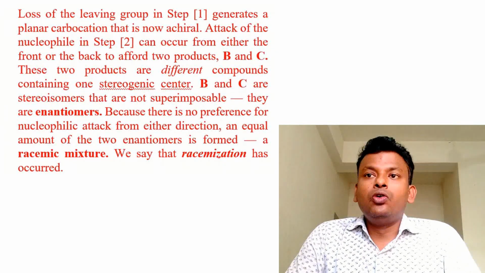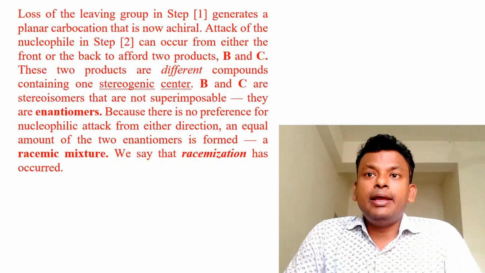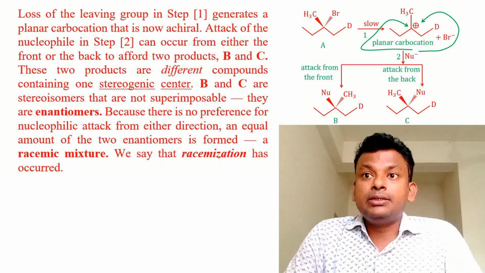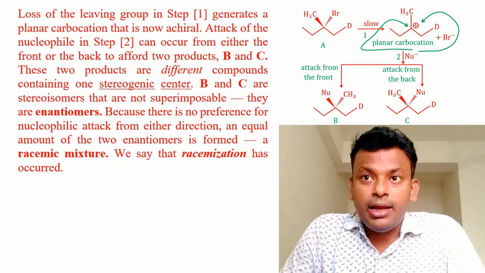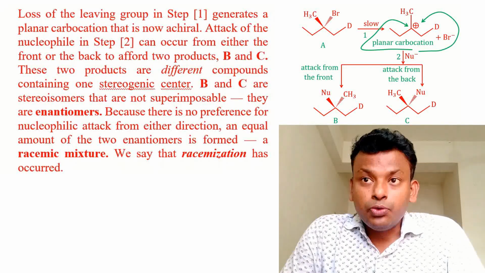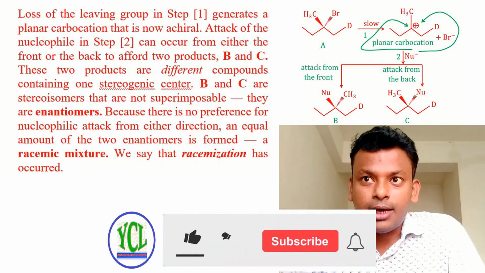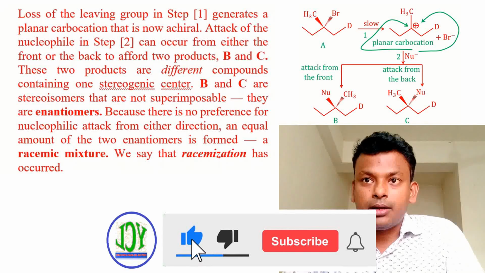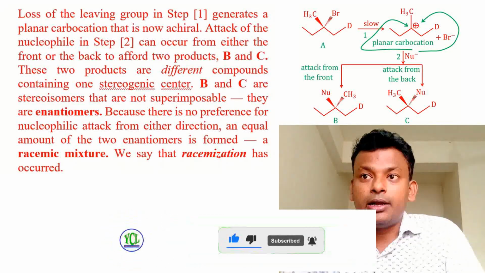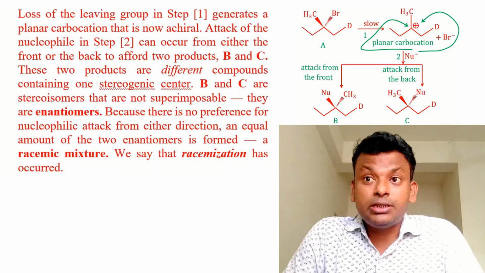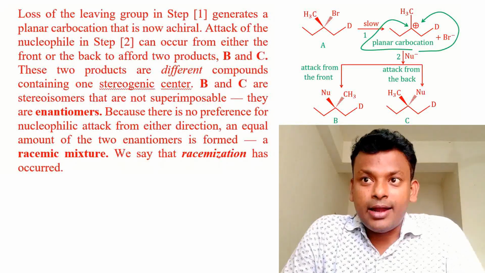Loss of the leaving group in step 1 generates a planar carbocation that is now achiral. Attack of the nucleophile in step 2 can occur from either the front or back to afford the two products B and C, and these two products are different compounds containing one stereogenic center, that is the chiral center.